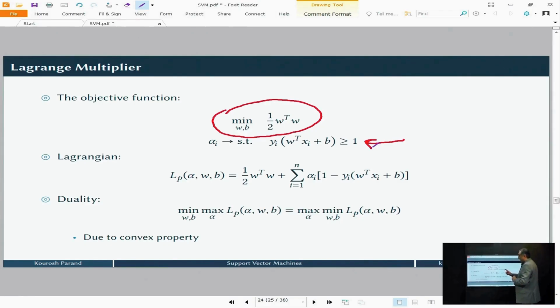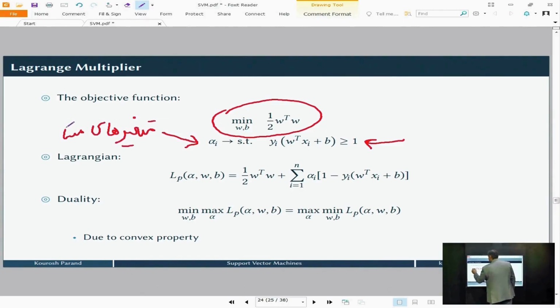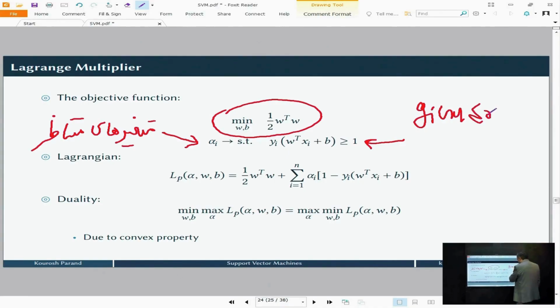The corresponding variables for this constraint, which are our Lagrange multipliers, are alpha_i. We consider them this way because I had written the constraint in the form g_i(x) less than or equal to 0.